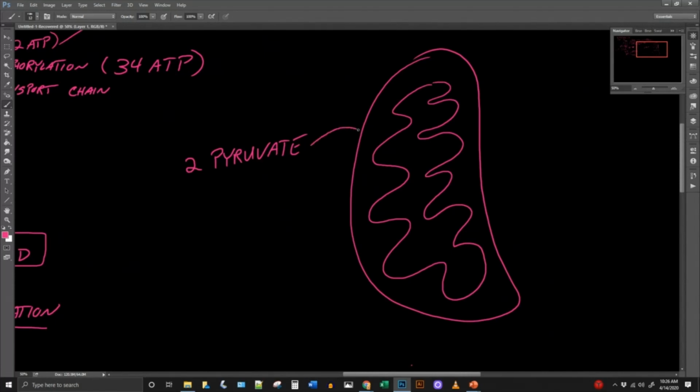So the pyruvate can then move into this mitochondrion. But as soon as it gets in there, we get the transition reaction, which creates an additional 2 NADH.